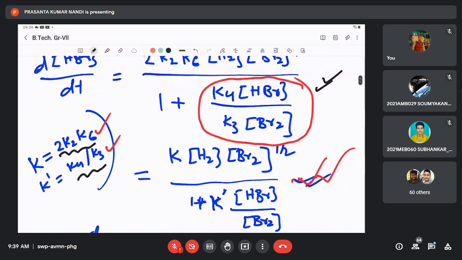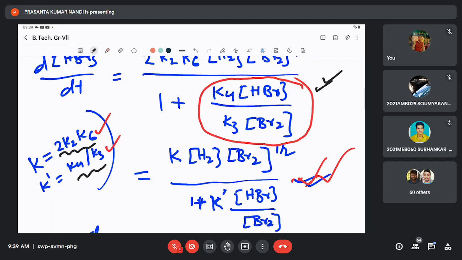Now this expression that we deduce from this set of reactions following this mechanism, considering 5 consecutive steps as proposed by those scientists, we have ultimately been able to write the rate equation which exactly conforms to that established by Bodenstein and Lind, that is, the experimentally observed differential rate equation.